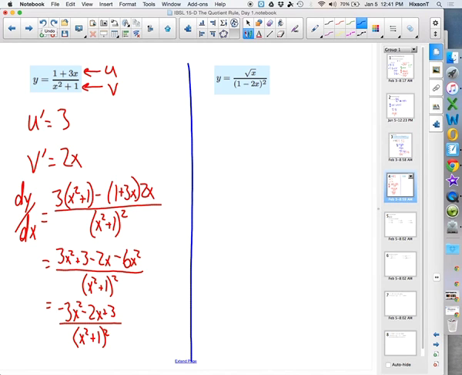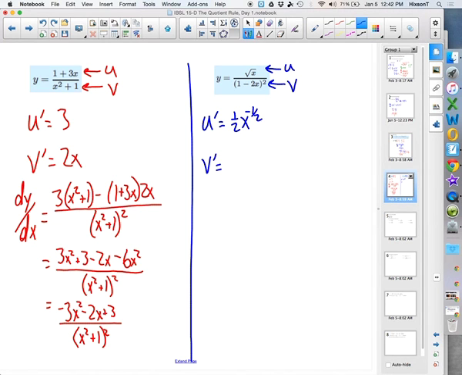Here's one where, again, this is u. What are we going to have to do with v when we do v prime? Chain rule. Okay. So what's our u prime? One half x to the negative 1/2.